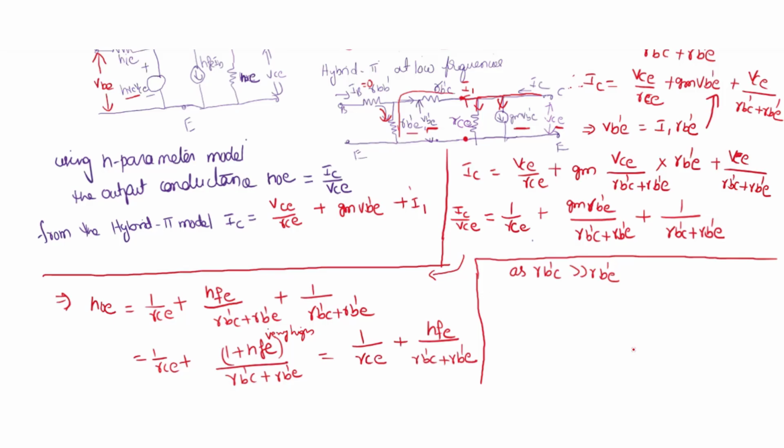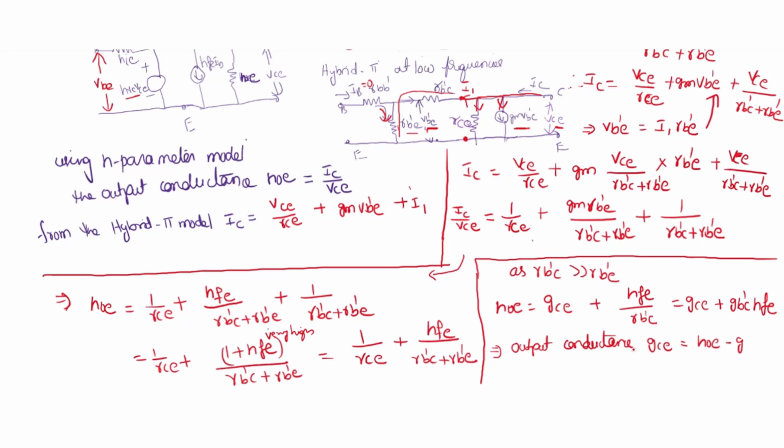So you can write HOE as 1 by RCE, which is nothing but GCE, plus HFE by RB dash C, neglecting RB dash E. So that is equal to GCE plus 1 by RB dash C, which is nothing but GB dash C, into HFE. So totally the output conductance GCE is equal to HOE minus GB dash C into HFE.